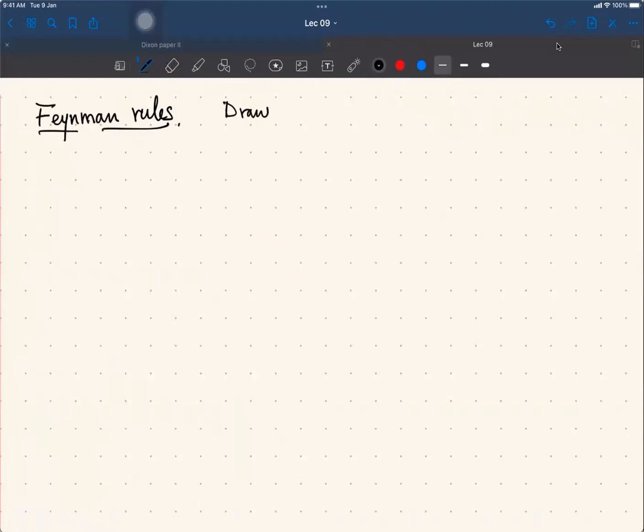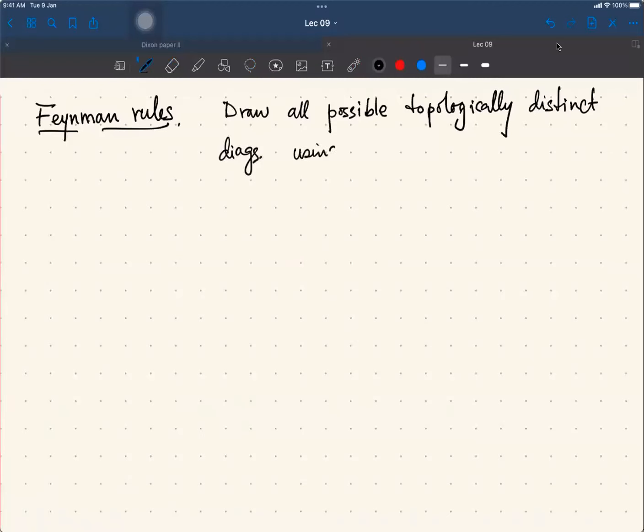So draw all possible topologically distinct diagrams using dots, propagators, and vertices.